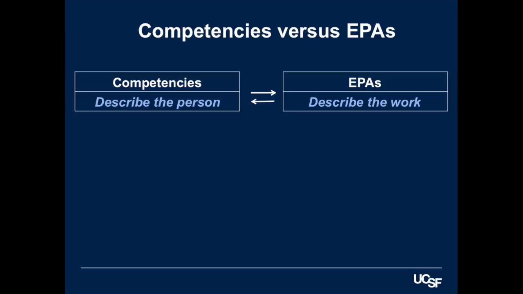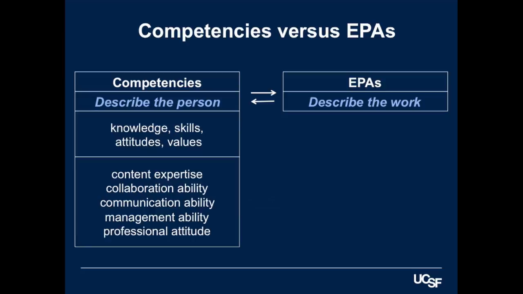Let's look at how competencies and EPAs work together. Competencies describe the person, the knowledge, skills, attitudes, or values that that learner brings. Examples of competencies include content expertise, collaboration ability, communication, patient management, or professionalism.